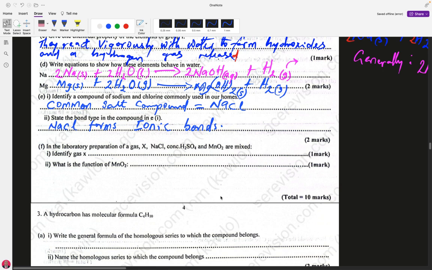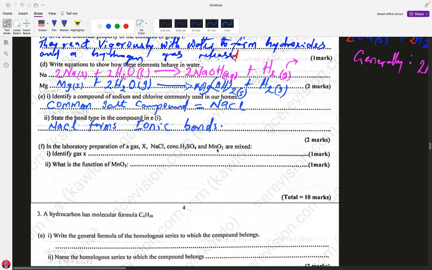Manganese(IV) oxide is used as an oxidizing agent.